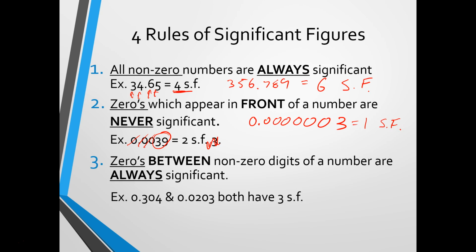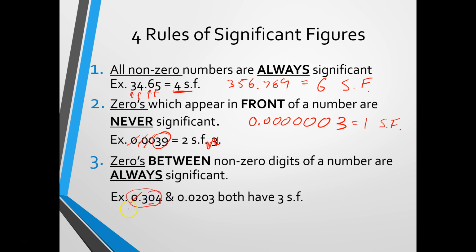Rule number 3 is zeros between non-zero digits are always going to be significant. So if you ever have a zero sandwiched in between non-zero numbers, that zero is always significant. So in this case, the 0 in 0.304, the first zero is not significant because it's in front of the number. But the center zero here is significant.